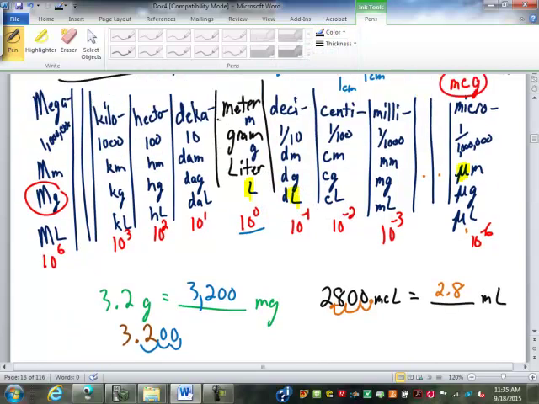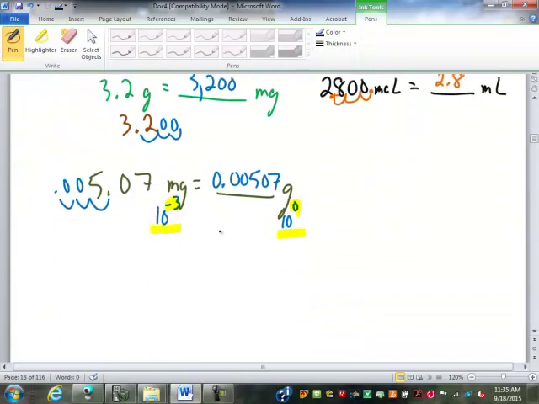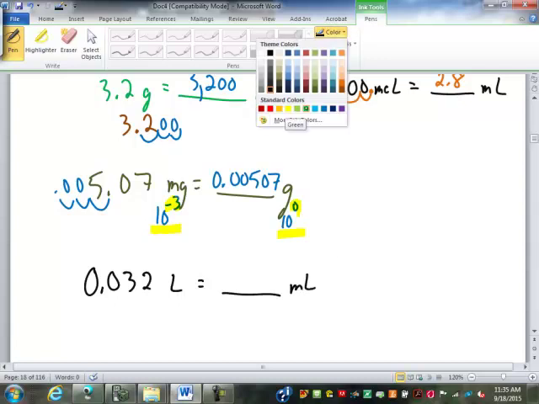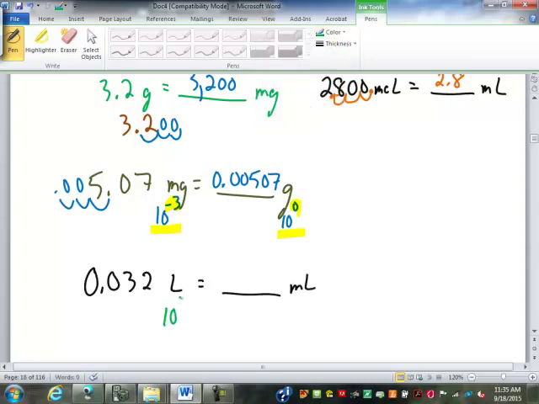Now I'm going to scroll this chart off the page right now for lecture, but if it's in your notes, keep it handy where you can see it, hopefully. If I have 0.032 liters and I want to convert into milliliters, well, liters are 10 to the 0 because that's my main unit. Milli is 10 to the negative 3.